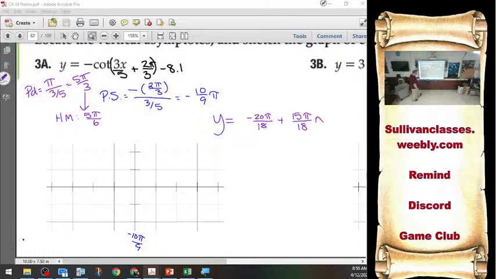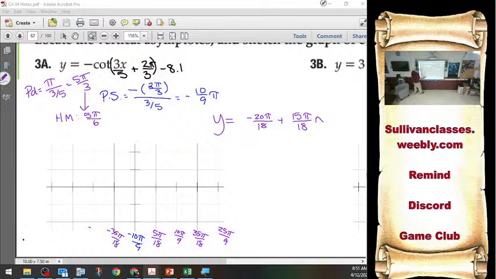So, negative 20 pi over 18 plus 15 pi over 18 is negative 5 pi over 18, is 20 pi over 18, or 10 pi over 9, is 35 pi over 18, is 50 pi over 18, or 25 pi over 9, is negative 20 minus 35 pi over 18.